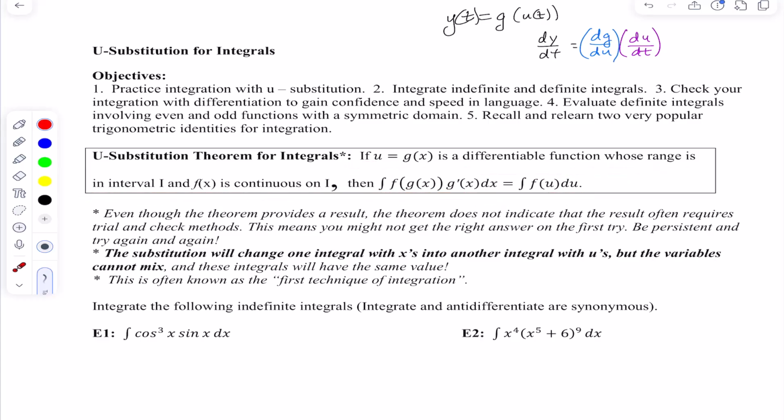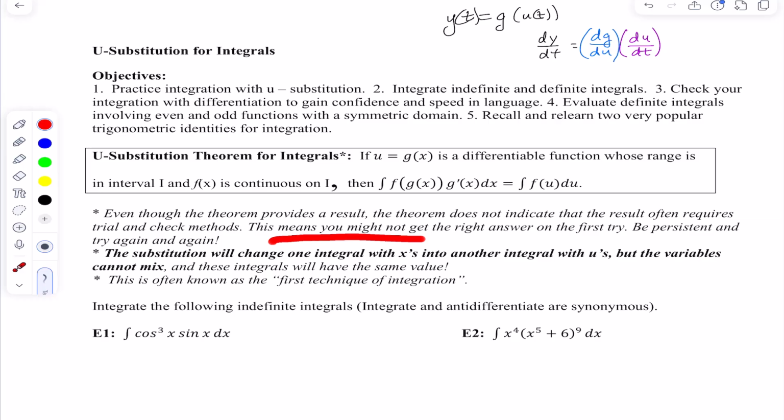A very special note here is that you want to be able to spot g of x living inside another function. And that is going to enable you to make an educated guess on what u actually is. Even though the theorem provides a result, the theorem does not indicate that the result often requires trial and check methods.